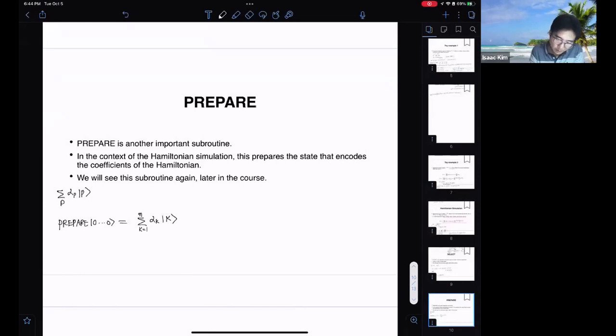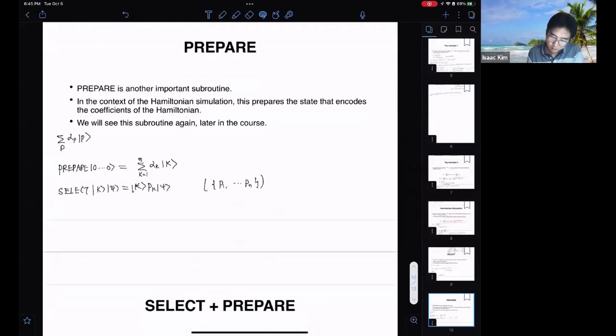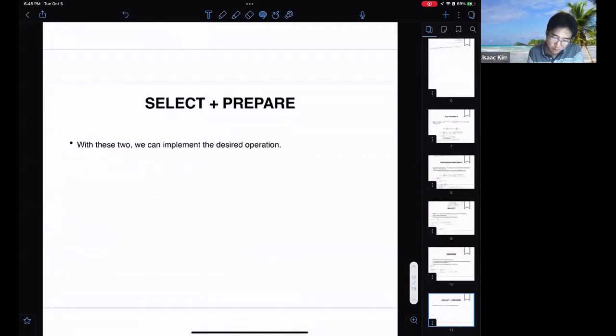And of course, to put these things side by side, the select operation on this thing would be that. And these two together can be quite powerful.